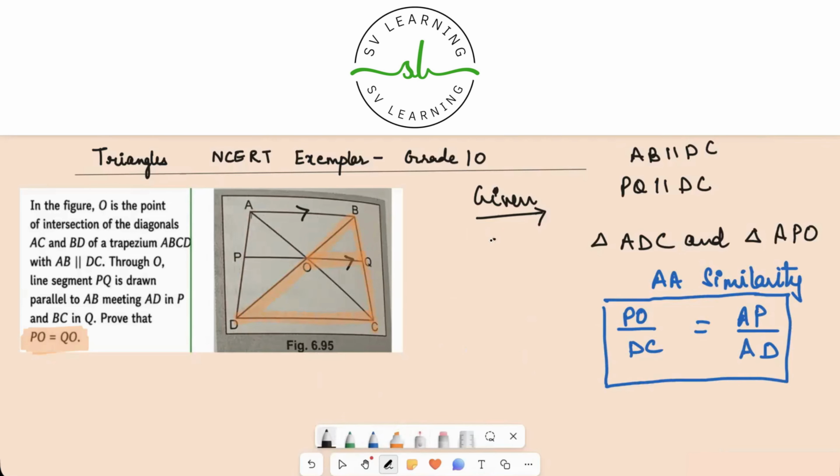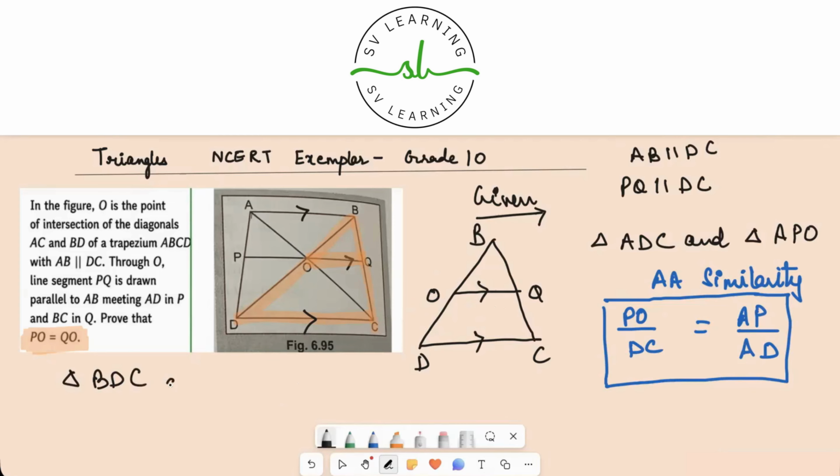So if I have to show you separately, let's say something like this, BDC, and this is OQ. So BDC, and now OQ is parallel to DC, we know that. In this also, similar to what we did first, we can prove the triangles BDC and triangle BOQ similar. Again, angle B is common.